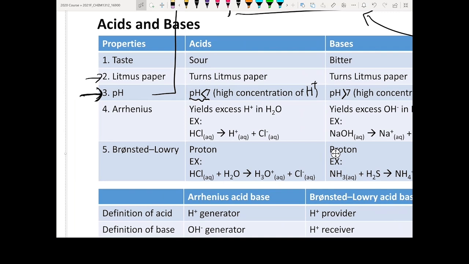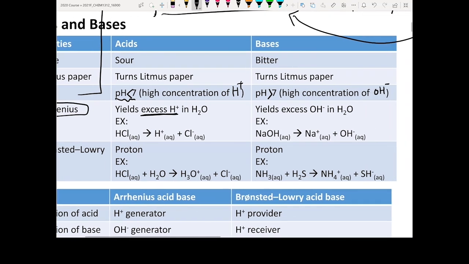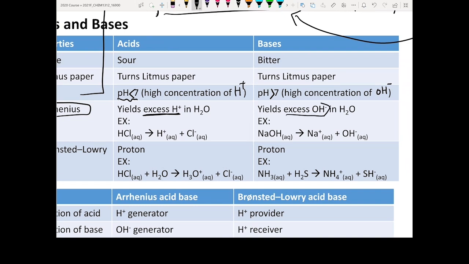So this acid-base concept became very systematically introduced by two scientists. Of course, Arrhenius was the one who defined acid and base first. He defined an acid as a species that can generate excess H+, and a base as a species that, once you throw it into water, produces excess OH-.